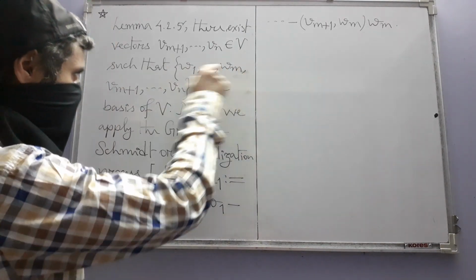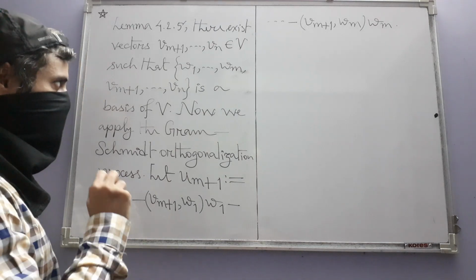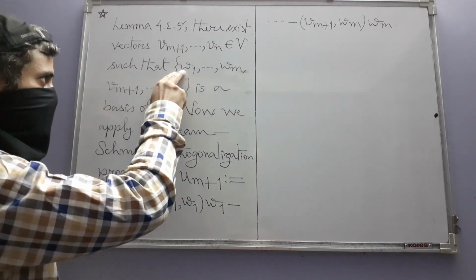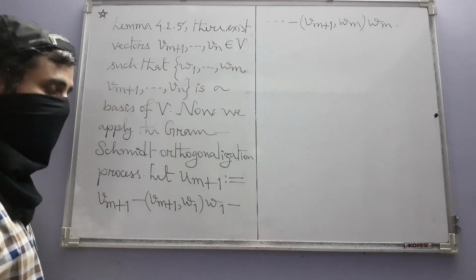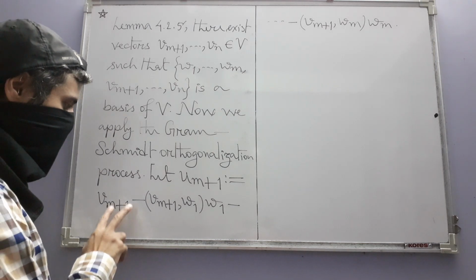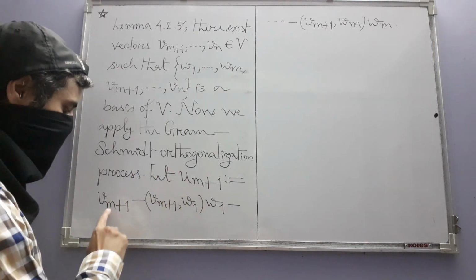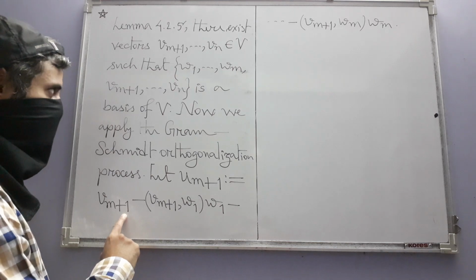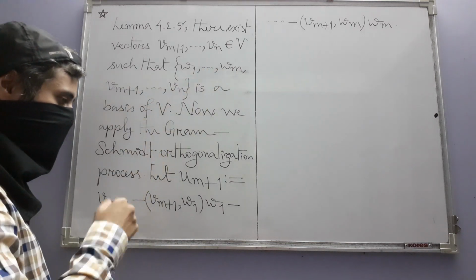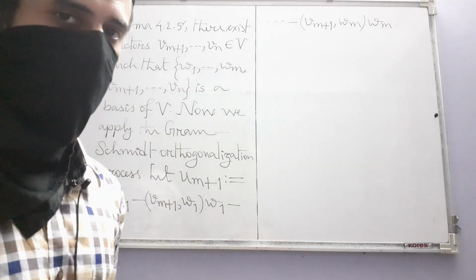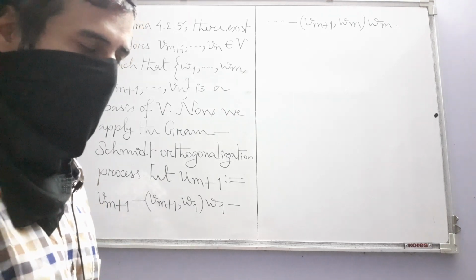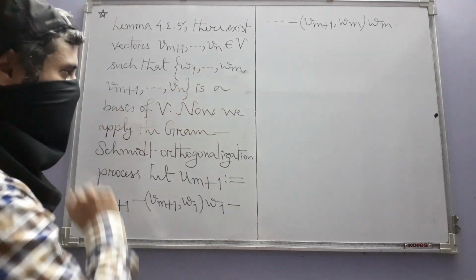But then how can this set be a basis? Because in a basis all the vectors are linearly independent. If this is 0, then introducing Vm plus 1 to this set will give you a linearly dependent set. So that should not happen, because already we know that this is a basis of V.